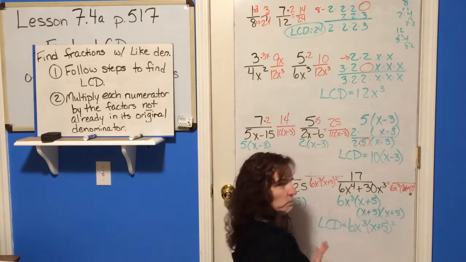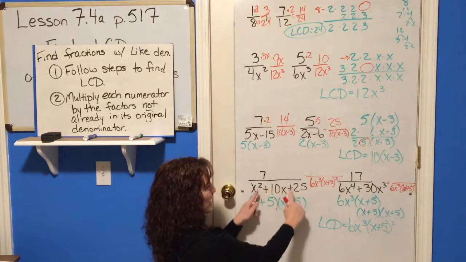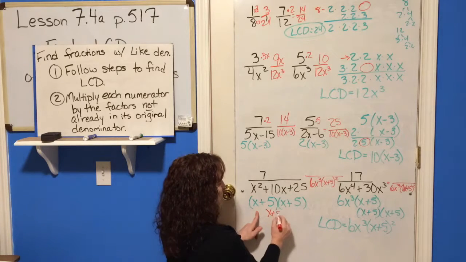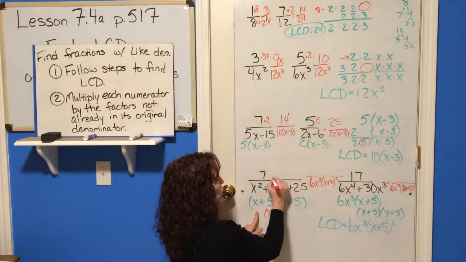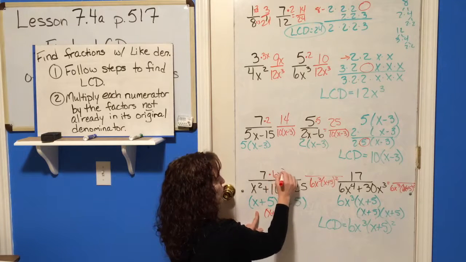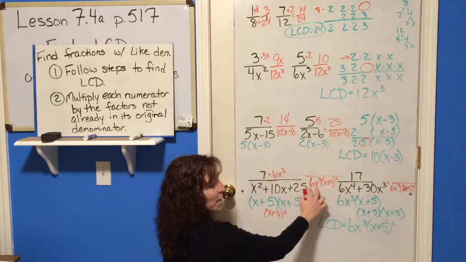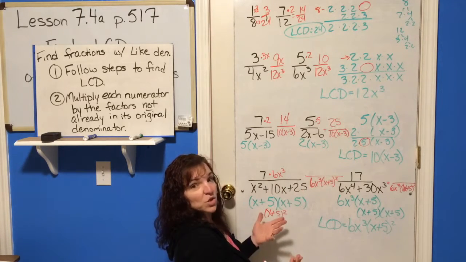Can you see that? All right, so when I factored this out, I know this is x plus 5 times x plus 5, which is the same as (x plus 5) squared, right? So the extra part is this 6x cubed. So if I multiply the top by 6x cubed, because I multiplied the bottom by 6x cubed, my fraction will be equivalent to what it started out as.